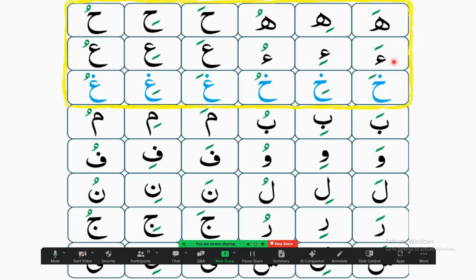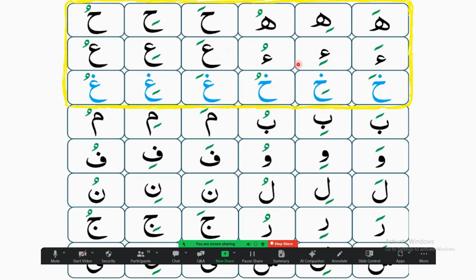So this is the sound of Hamza: a, i, u, and a, ri, ru. Also, there's a difference between these sounds, right? This is a, i, u. This is a, ri, ru.